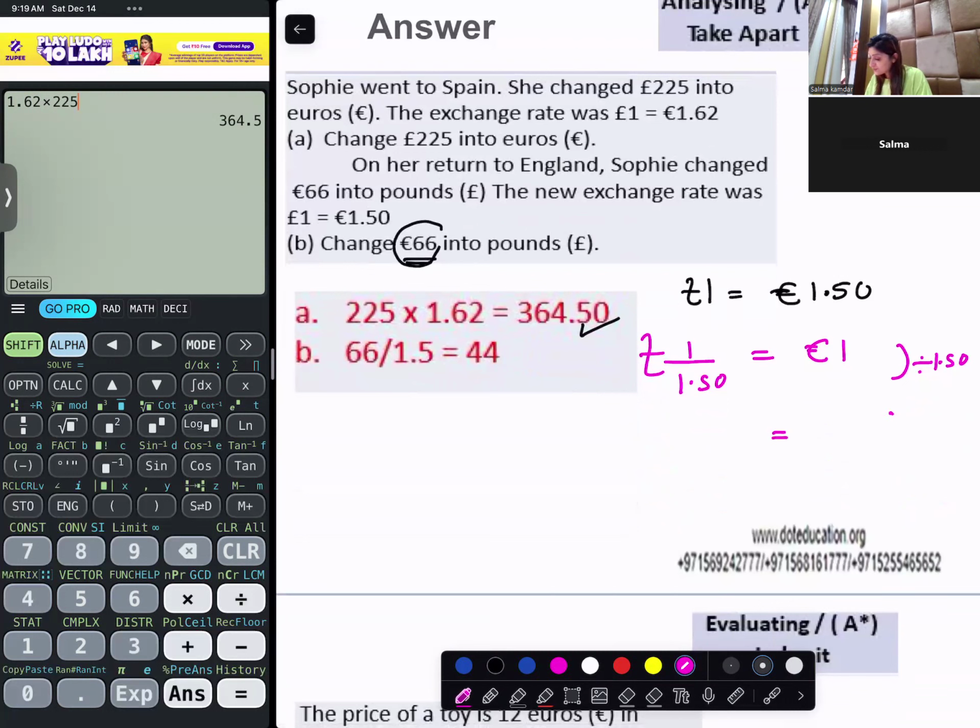Now I have to find 66 euros in pounds, so I'm going to multiply both sides by 66. 66 euros will give us 1 divided by 1.50 times 66 pounds.